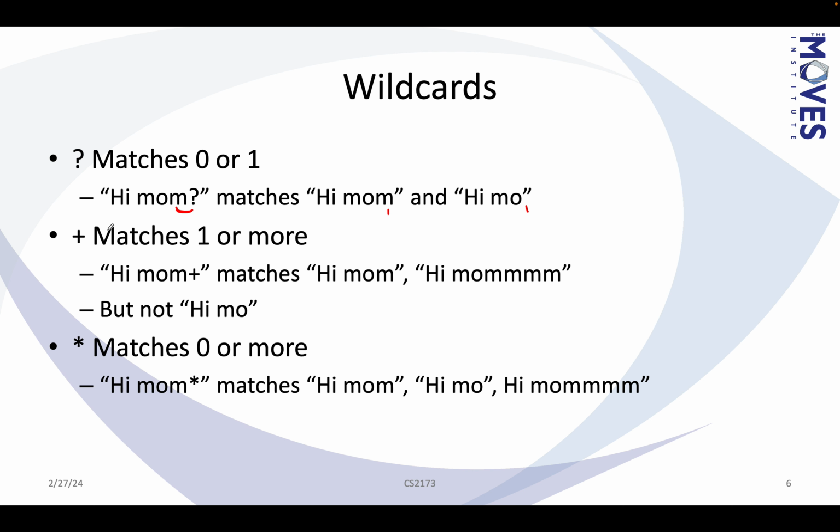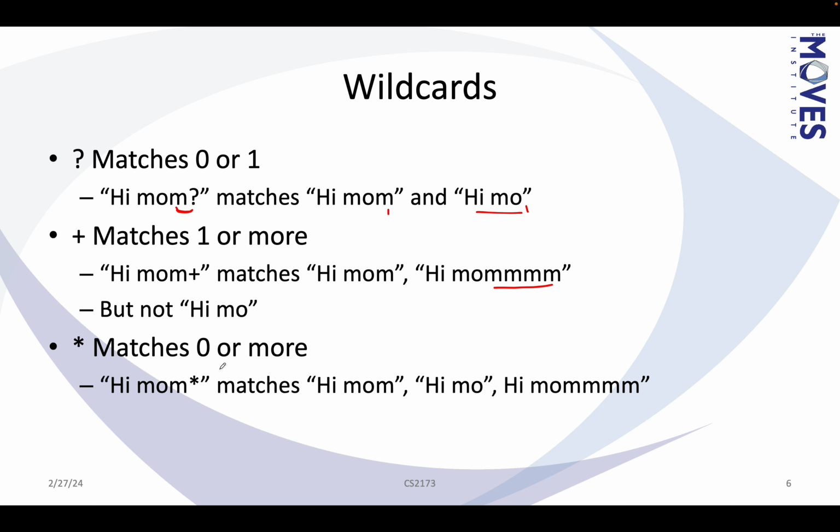But a plus will match 1 or more. So if I say hi mom plus, that'll match hi mom, but it'll also match hi mommmm, where there's more than 1 M, and the plus says match more than 1. But this will not match hi mo because there's 0. It doesn't match 0. It's 1 or more.